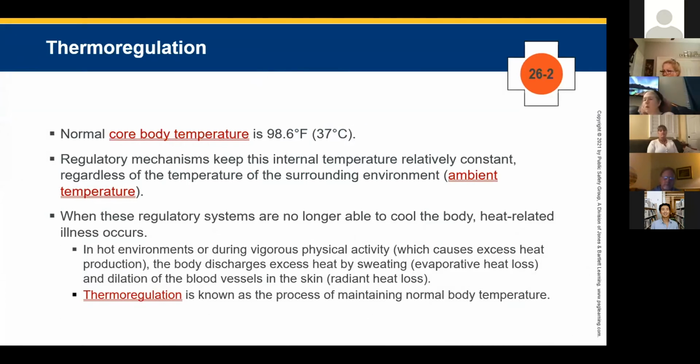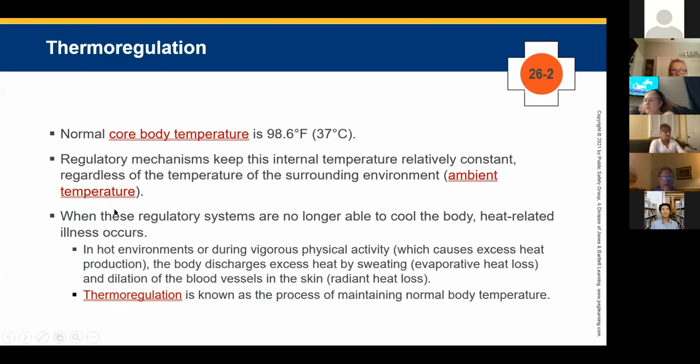What do you think happens to respirations? Do they increase or decrease? The body tries to cool itself, so would you increase or decrease your respirations? Increase. If you were hot, your respirations would increase, right? Your pulse would go up, your heart rate would go up, right? Yes. Okay.